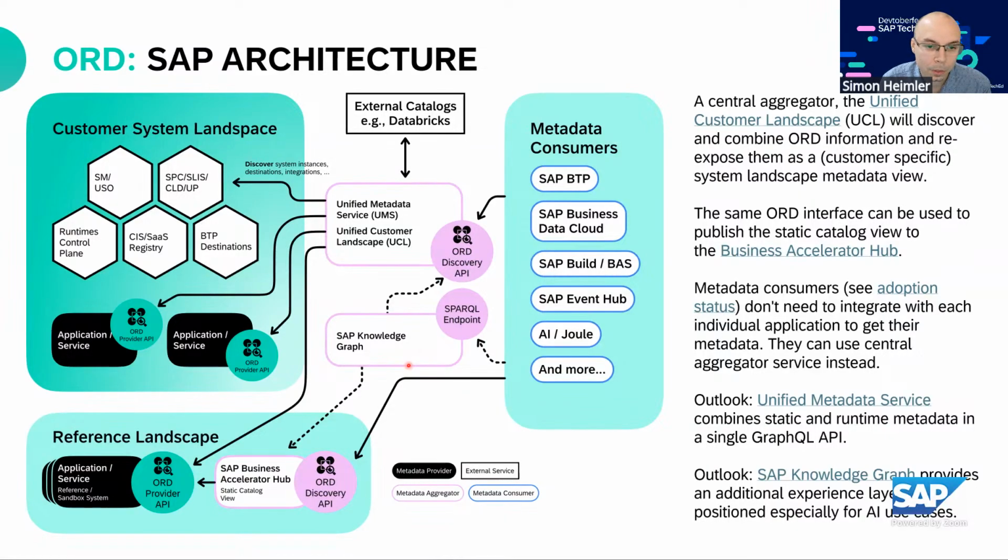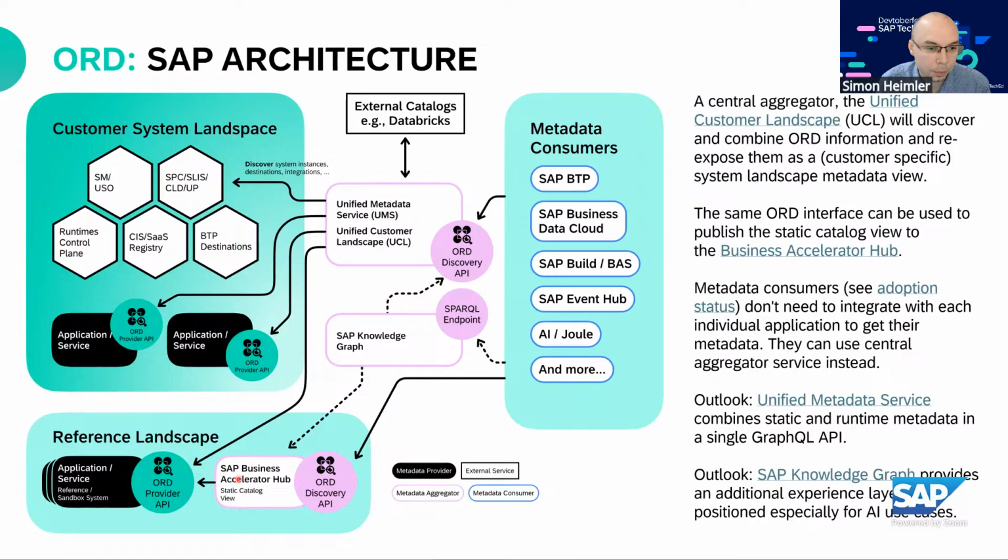So in SAP, we have the reference landscape, which shows you everything we offer statically. And the catalog we use for that is the SAP Business Accelerator Hub. I will show it to you later again.